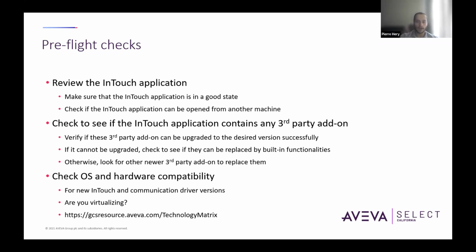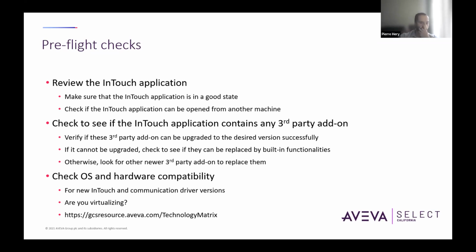So I would recommend confirming that these add-ons will work as you expect in the new software. And if they don't, you want to have some sort of contingency plan in place to replace them in a way that will work with the latest Aveva software, whether that's downloading the new versions of those third-party add-ons or finding a third-party add-on that is compatible with the latest version of Aveva.